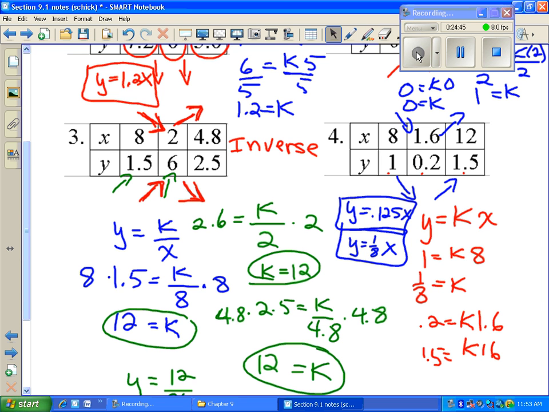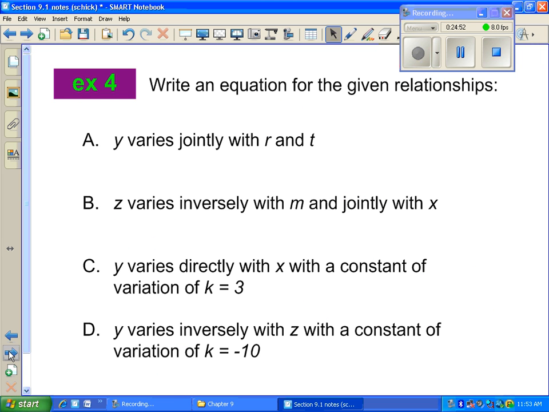So, direct variation, inverse variation. Last thing, write an equation for the given relationships. Y varies jointly with R and T. If it says it varies jointly, it doesn't say one is direct or inverse, so we say that they're both direct.